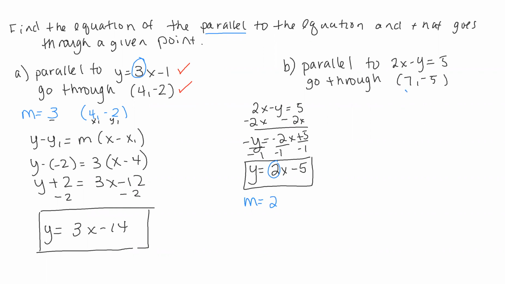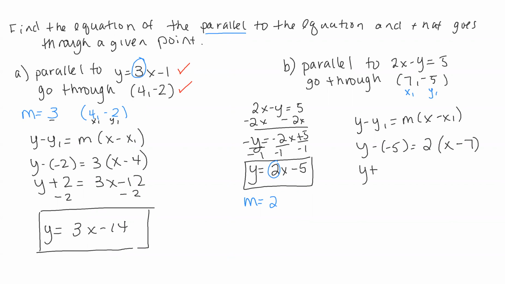So we're going to have this point right here, x1, y1, and then we have the slope of 2, and we're going to plug all of that into y minus y1 equals m times x minus x1. So y minus y1, well, y1 is -5. m, we're going to steal it from the other equation, it's 2. And then let's see, I take x minus x1, which is 7. I'm going to clean things up a little bit.